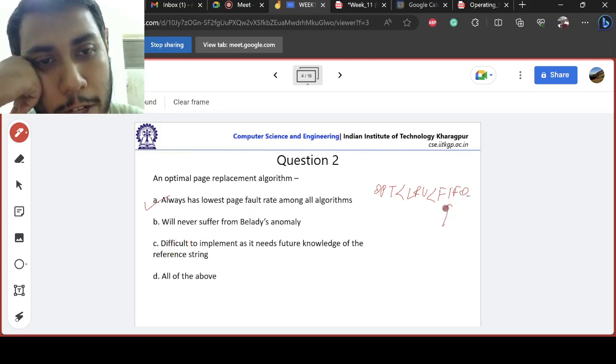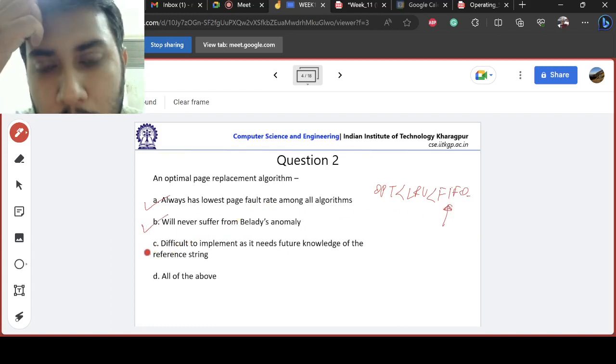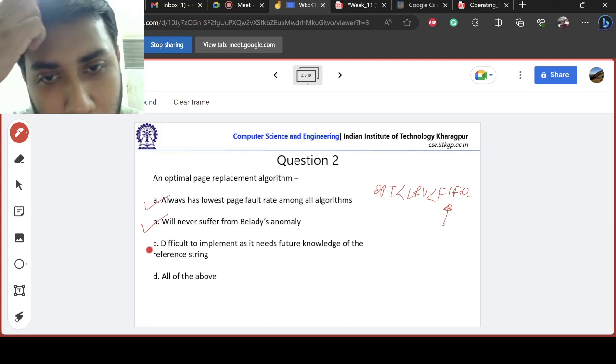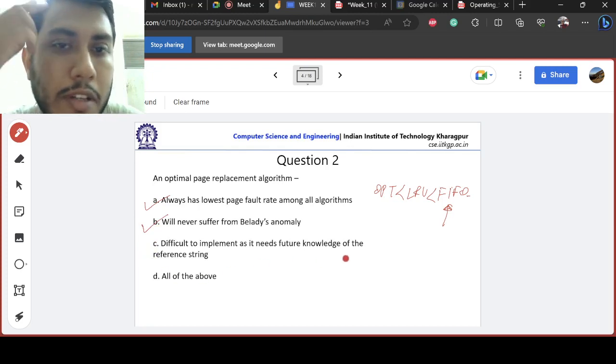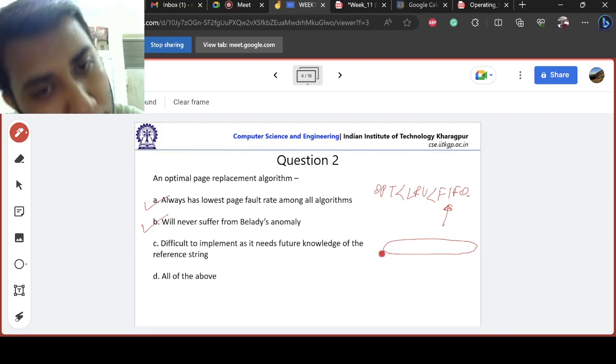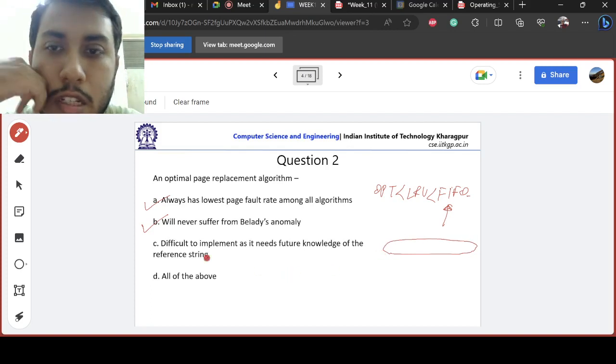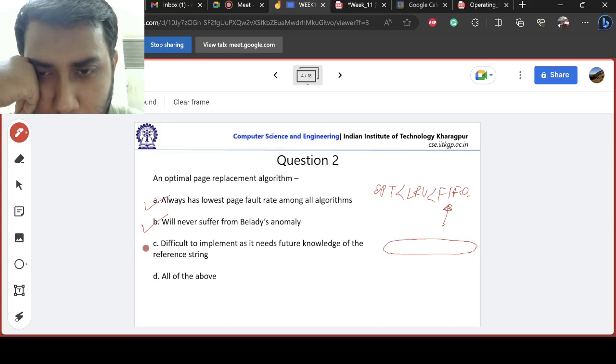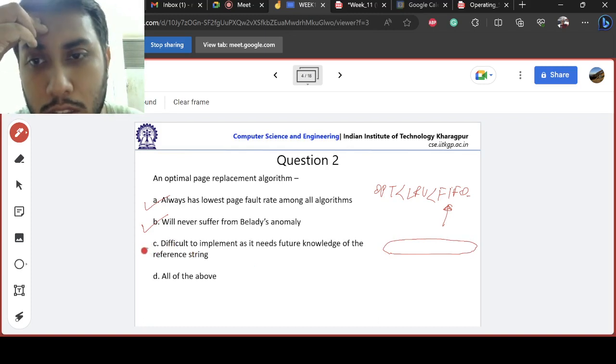Yes, only FIFO suffers from Belady's anomaly. This is also true. Difficult to implement as it needs future knowledge of the reference string. True. We saw that it has to know what happens in the future to decide in the present. So this one is also true. So the correct answer is all of the above.